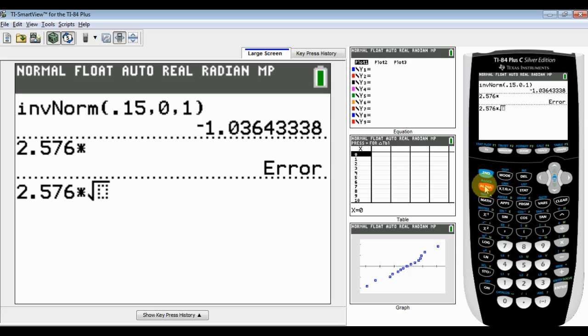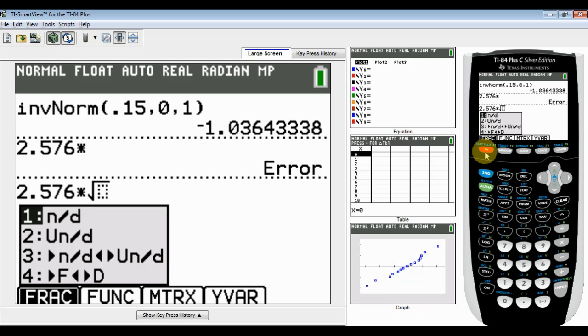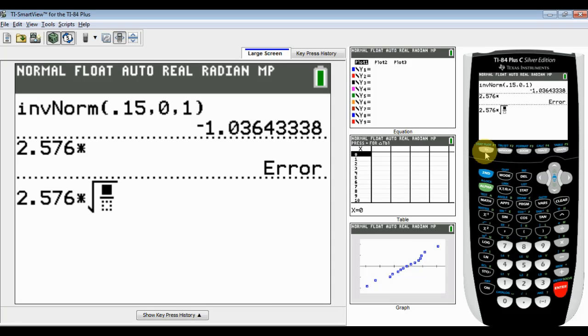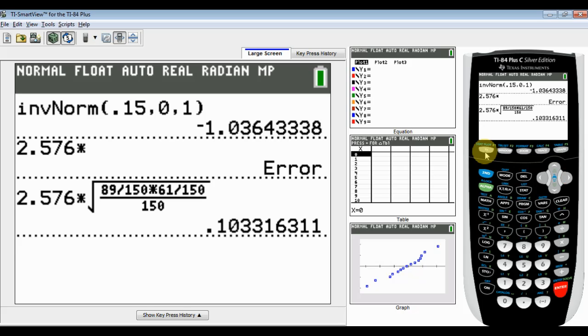Now we do the fraction. The first one is 89 out of 150 times 61 out of 150 divided by 150. All that for 0.1033.